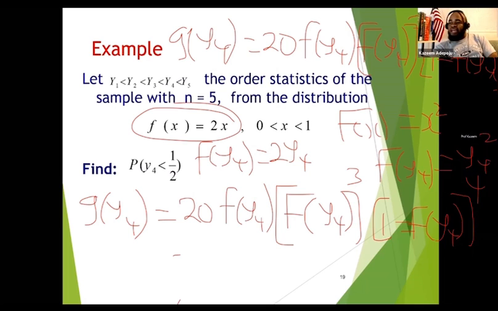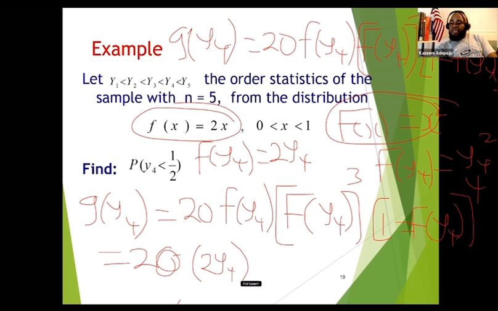So if I want to rewrite this now, I'm going to have 20. What is f of y4? The f of y4 is 2y4, then into the CDF, so that's going to be y4 squared raised to power 3, then 1 minus y4 squared raised to power 4.